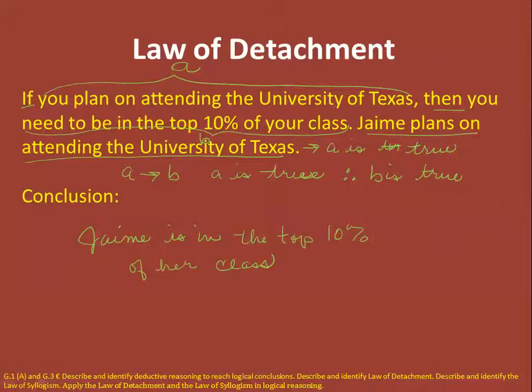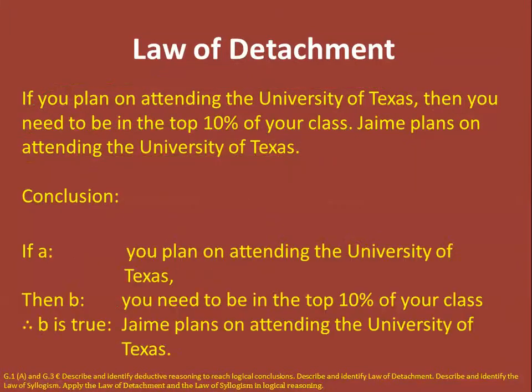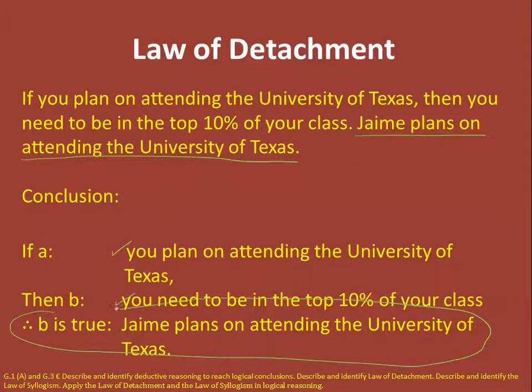Okay, so let's see the official answer. It says, like I said, the A phrase, you plan on attending the University of Texas. Then B is you need to be in the top 10% of your class. Remember, right here in the second sentence, they're letting us know that part A is true because Jamie is planning on attending the University of Texas. So here is our conclusion, that B must also be true.